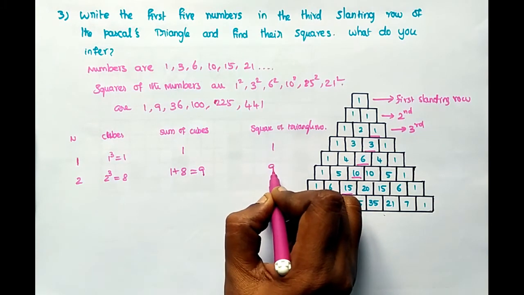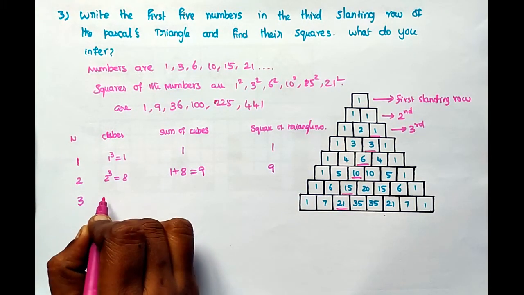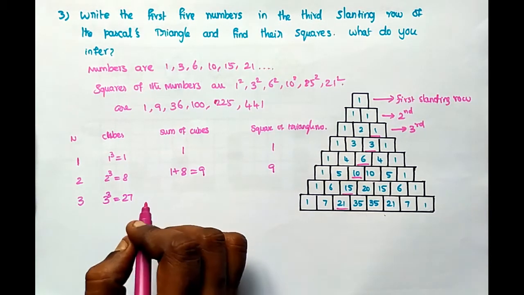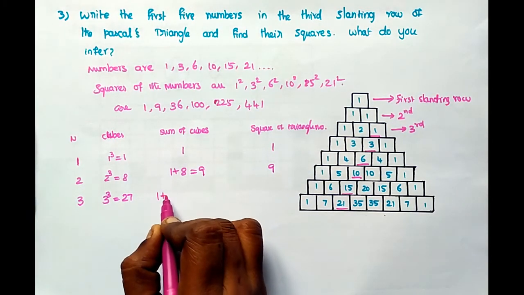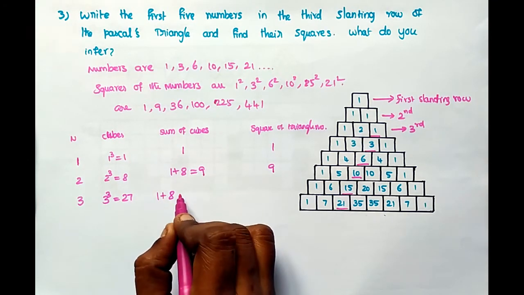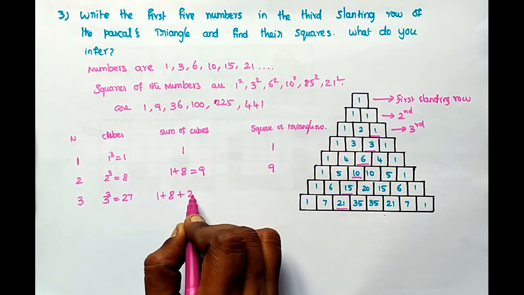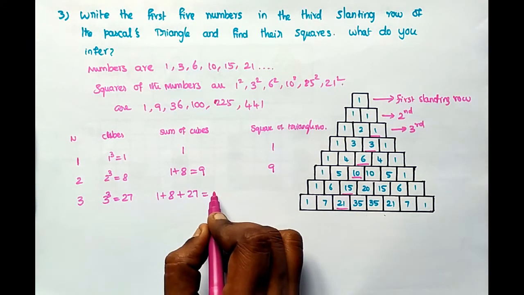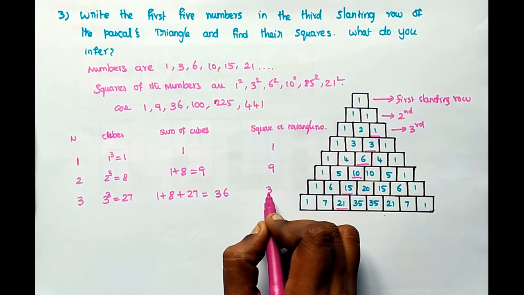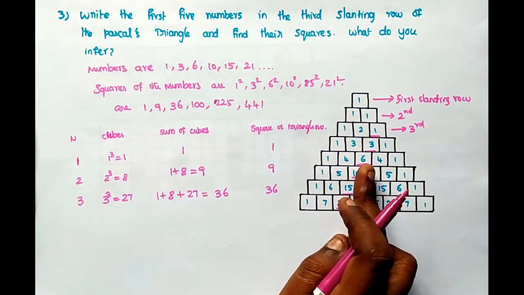Next, 3 cube, 27. 3 3s are 9, 9 3s are 27. So 1 plus 8 plus 27 equal to 36. That is the third number square.